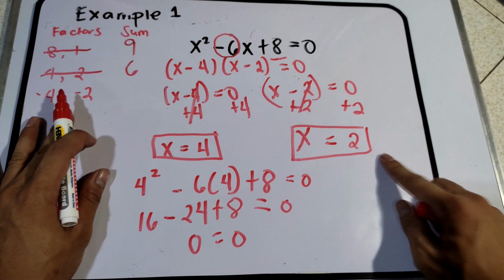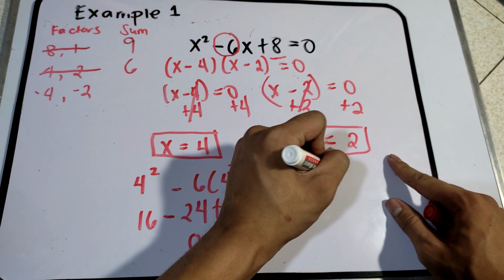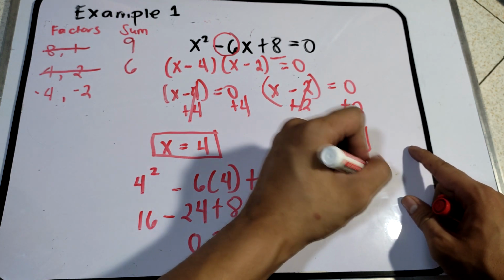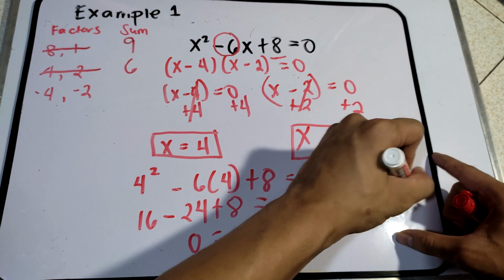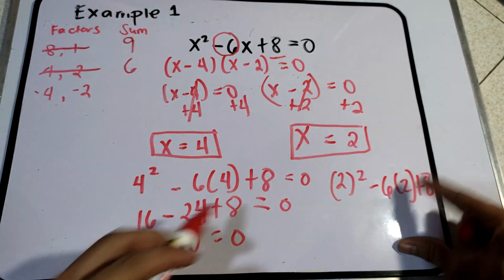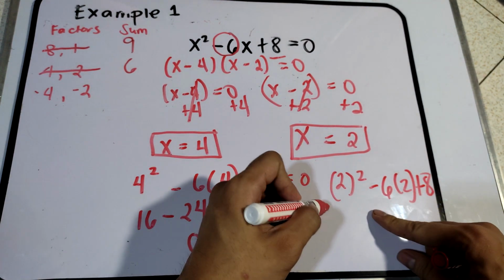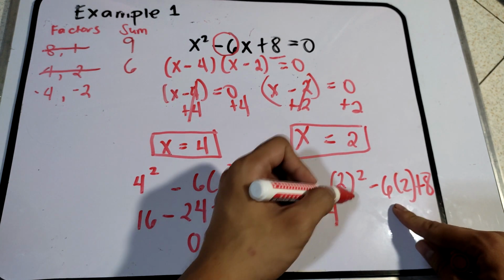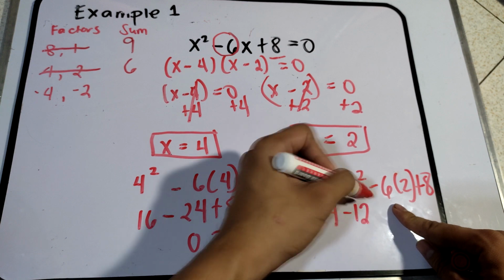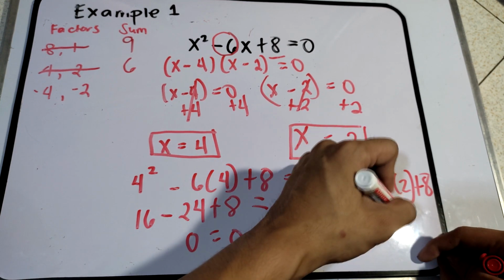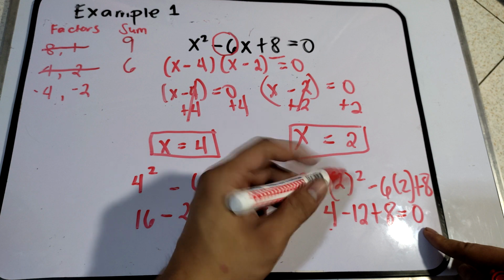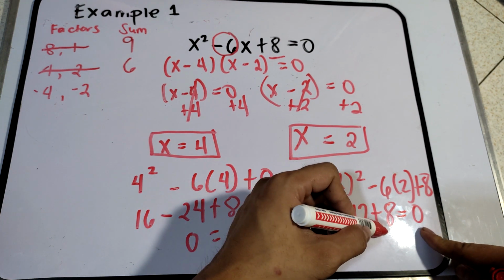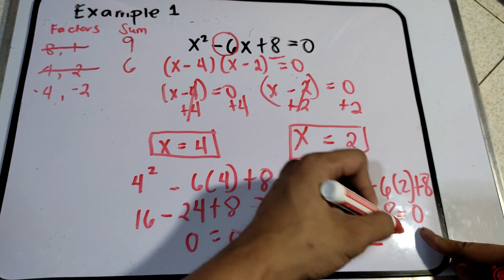How about the 2? So, ganun din yung gagawin. 2 squared minus 6 times 2 plus 8. 2 times 2 is 4. 6 times 2 is negative 12 plus 8 is equal to 0. 4 minus 12 is negative 8 plus positive 8 is equal to 0. 0 is equal to 0.